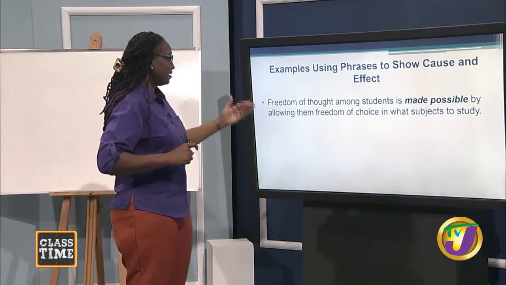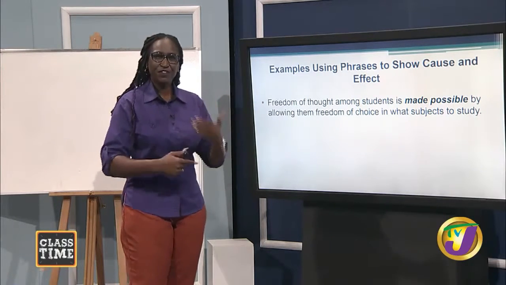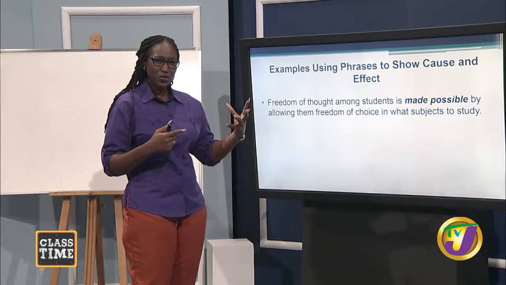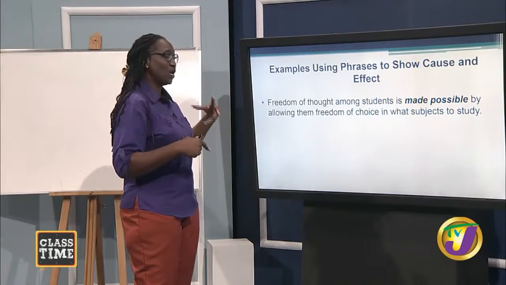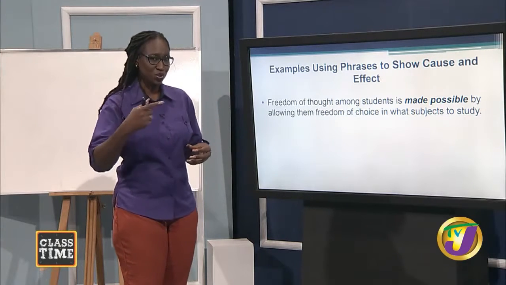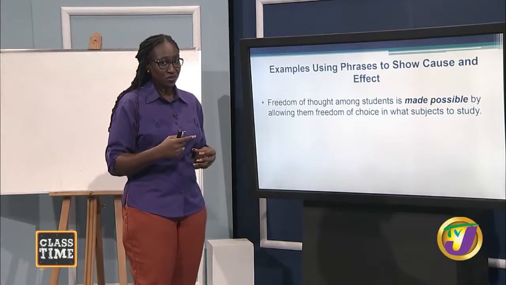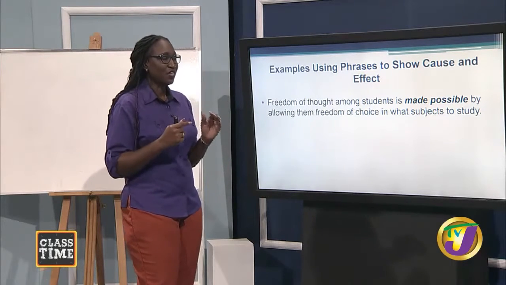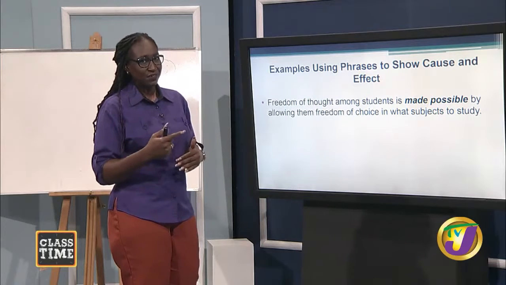Now, first idea, the idea of freedom of thought among students. And what is going to happen? If you allow them the freedom to choose subjects, then what will result is that their freedom of thought will be developed. So in this case, you actually put the cause after the effect.